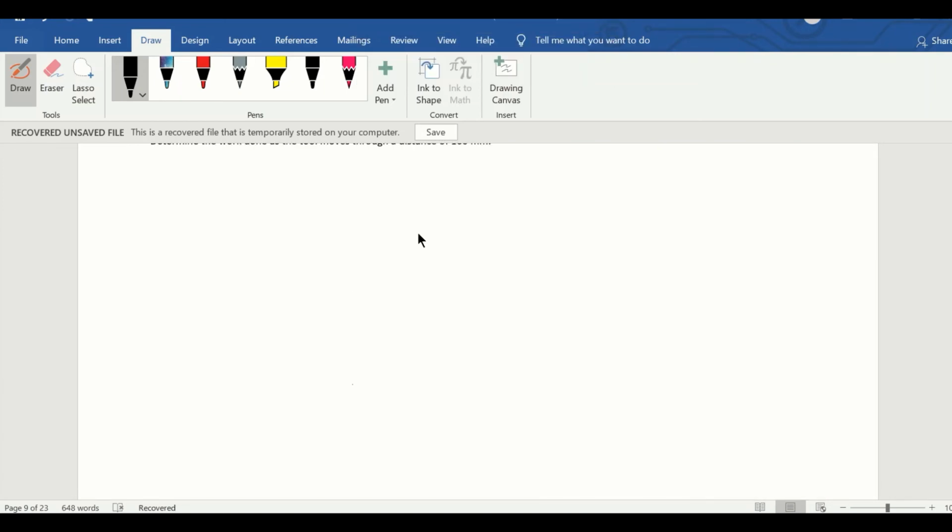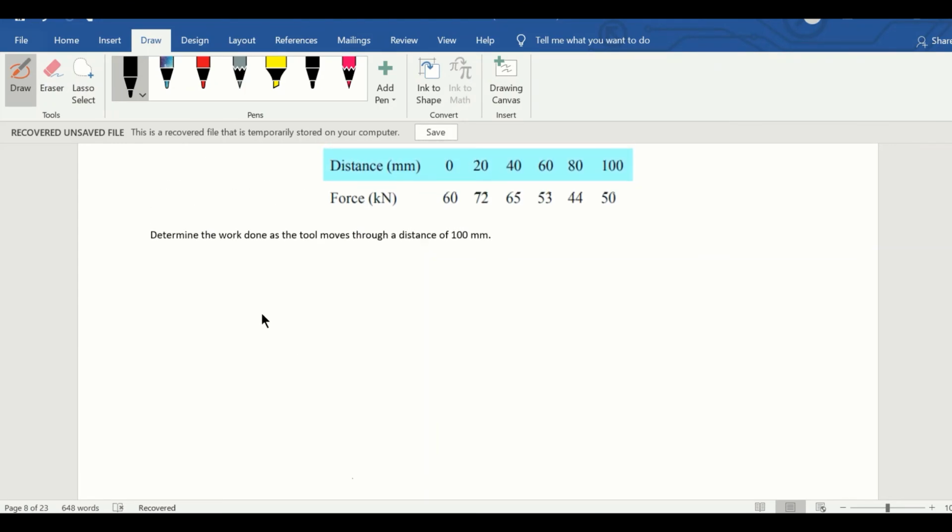So therefore, it means that my work done will be equal to my width of interval D times the sum of mid-ordinates.